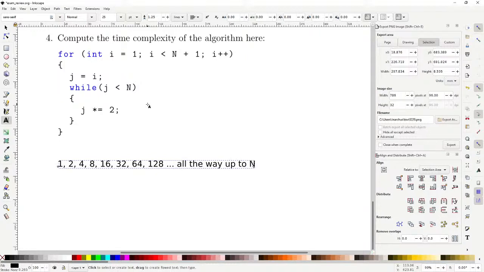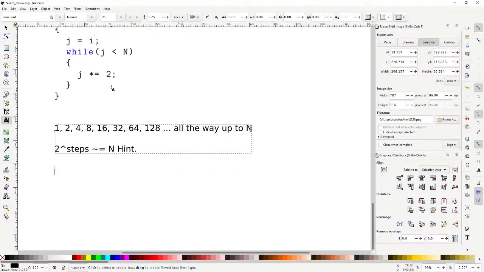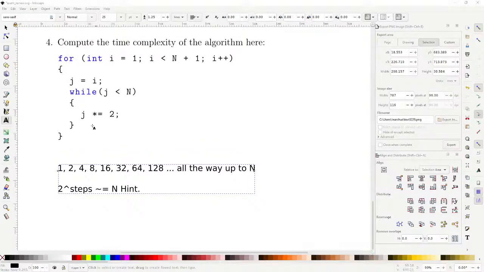So remember, 2 to the number of steps, 2 to the number of times that we doubled, is approximately equal to n. That's my hint. So 2 to the number of steps is approximately equal to n. And that's all I'm going to say about that problem.